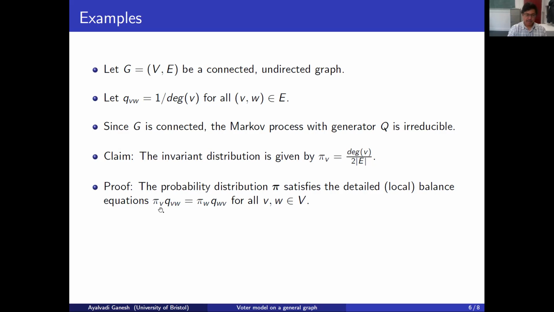Intuitively, this is the rate of observing jumps from v to w in forward time, and that should be the same as the rate of observing jumps from w to v in forward time, because when time is reversed, the jumps from v to w become jumps from w to v, and vice versa.